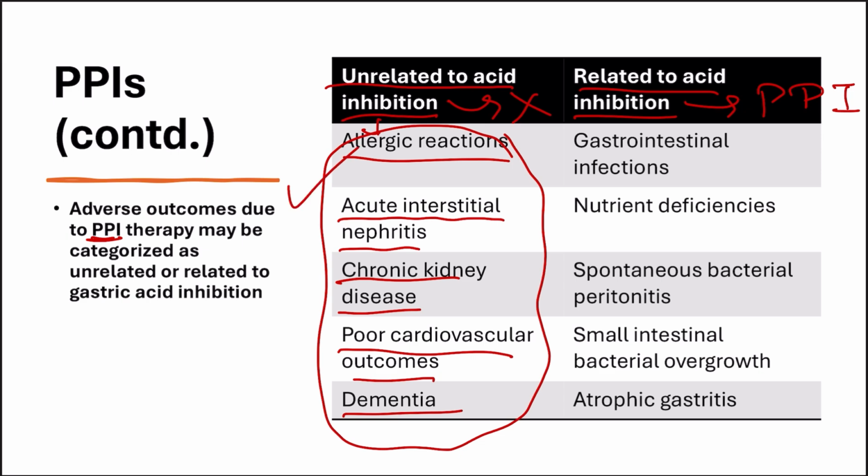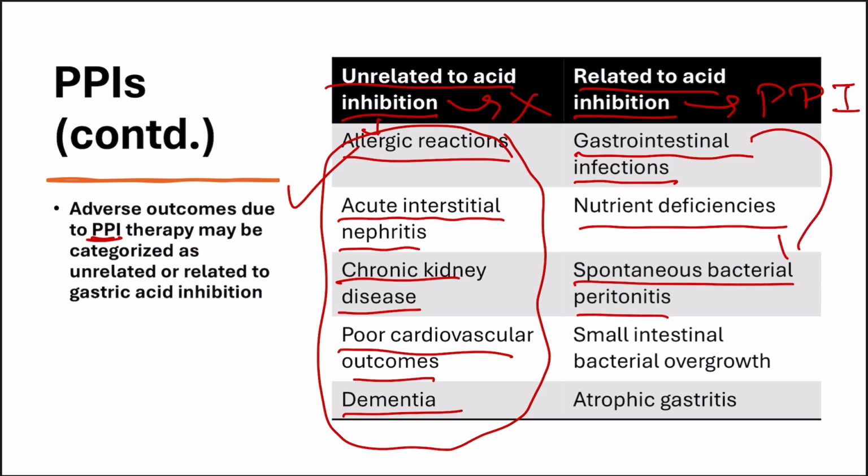When there is decreased gastric acid production, it leads to increased gastrointestinal infection, and it leads to nutrient deficiency because it alters the absorption process. It can also lead to spontaneous bacterial peritonitis, because there can be an increase in gastrointestinal infections, and then bacteria might enter the peritoneal cavity.